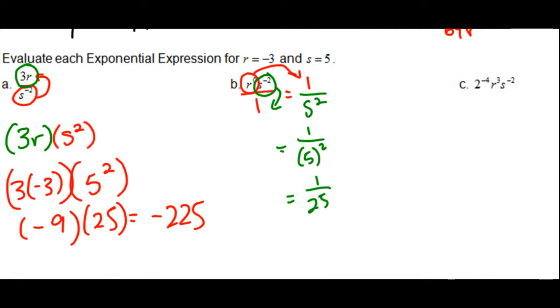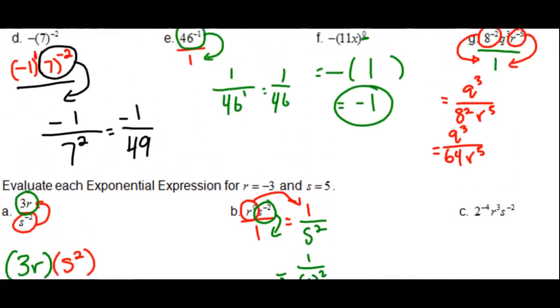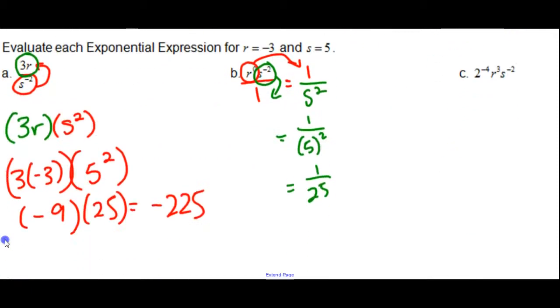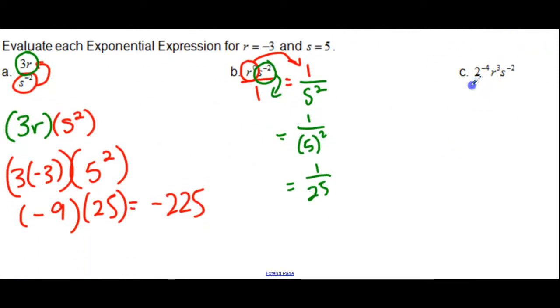Alright, on this side, we have 2 raised to the negative 4, r raised to the 3, s raised to the negative 2. Kind of like this one right here. We put all of this over 1 and we put the negatives on the bottom because they were already on top. 2 raised to the negative 4, that's got to go, right?